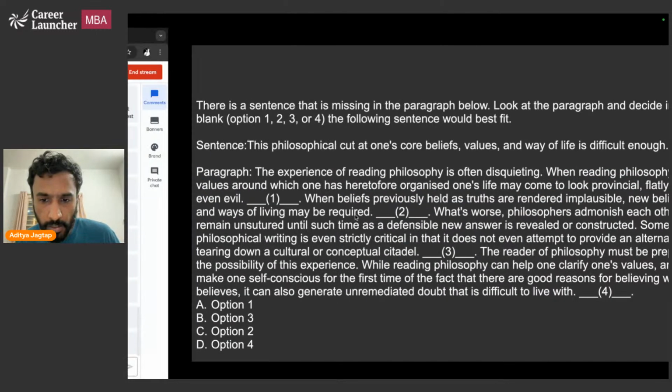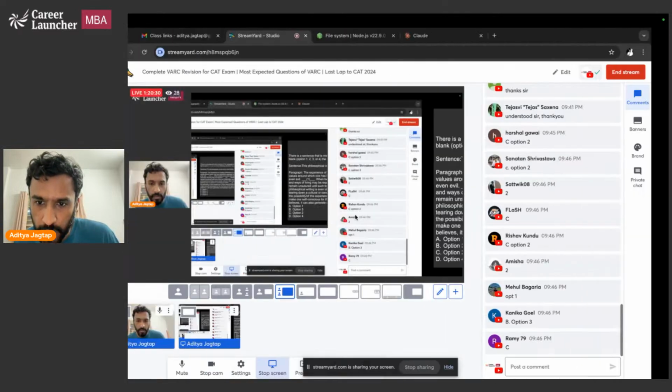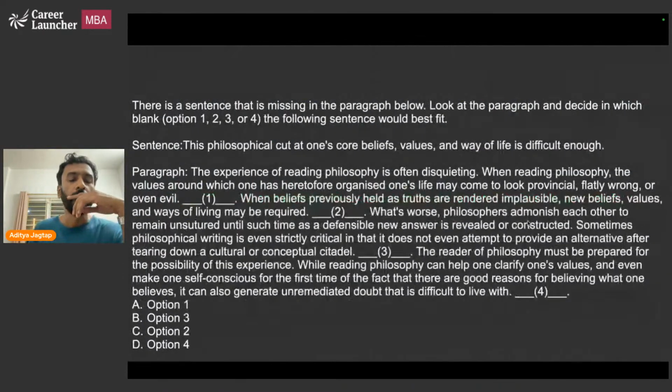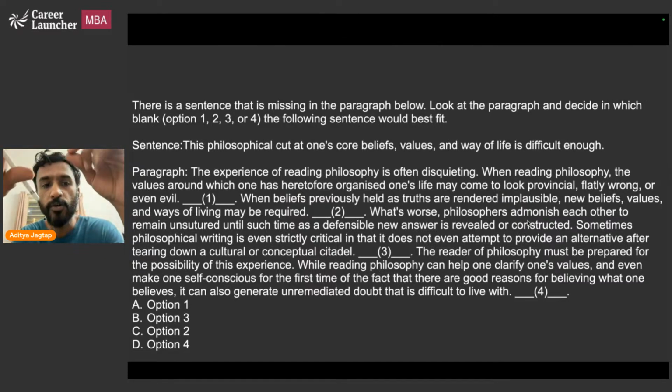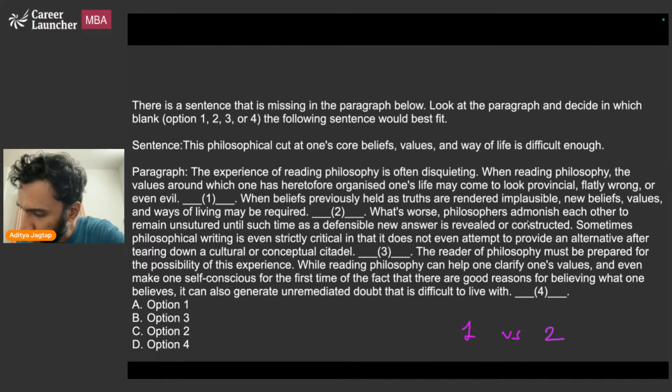I'm just looking at some of the answers that you've given. What is going to help you decide between 1 and 2? If you're deciding between 1 versus 2, do you place sentence X here or here? Is there a word or phrase in the prior sentence?